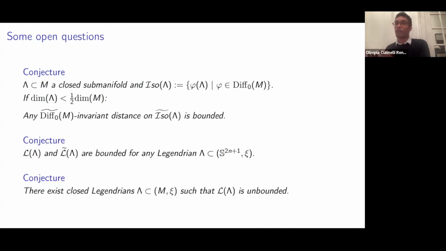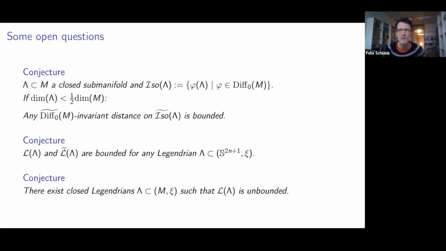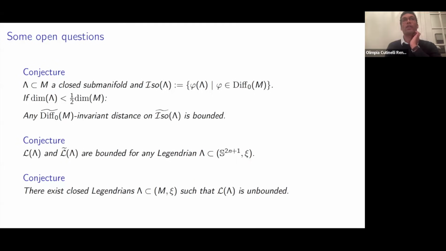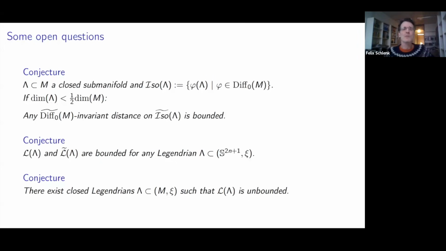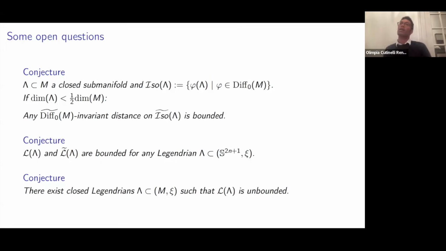When you look at it on the Reeb flow, it's just a constant, for example. So there is a much bigger zoo somehow. There are interesting invariant distances that are not equivalent.